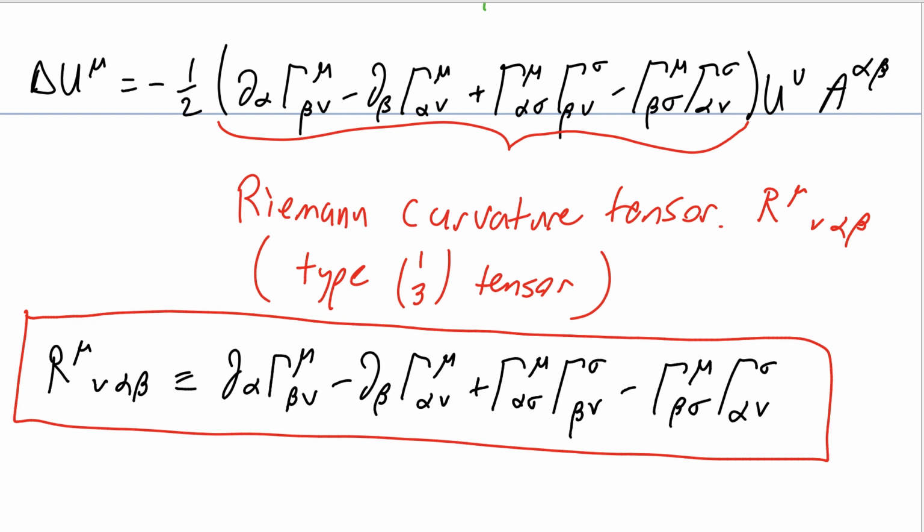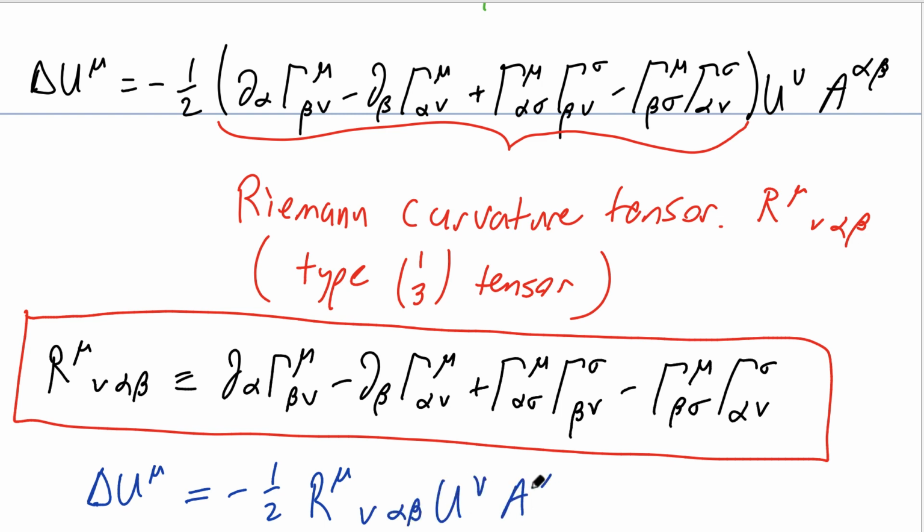And this characterizes the curvature of the space or space-time by telling us how a vector parallel transported around a loop, an infinitesimal loop, will change. And it just changes by minus 1/2 R^μ_{ναβ} u^ν A^{αβ}.